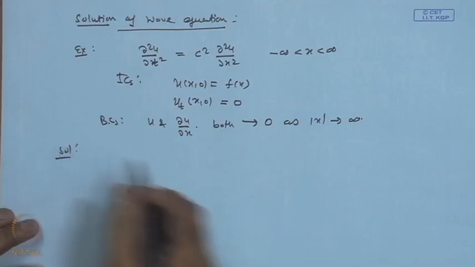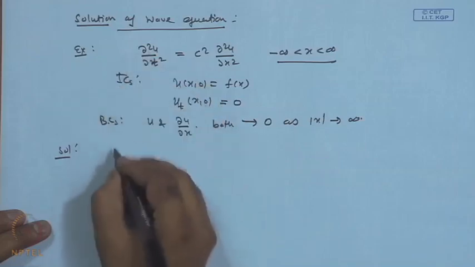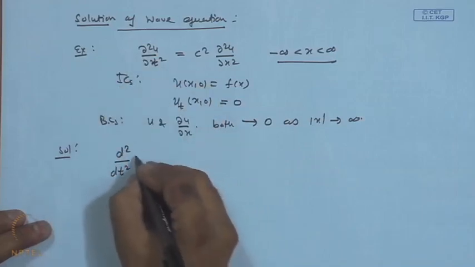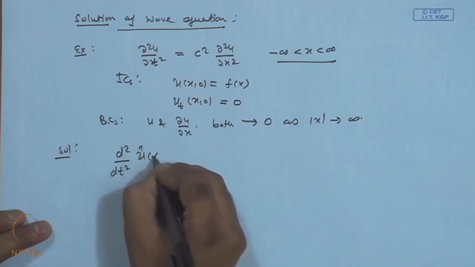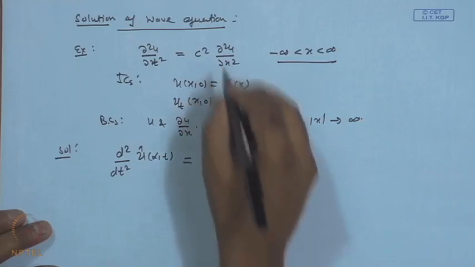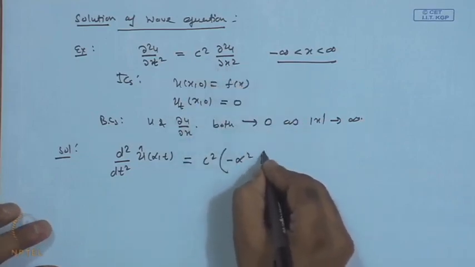So, we take the Fourier transform because this range is given from minus infinity to plus infinity. So, we have d²/dt² of u hat (alpha, t), and for c² times the second derivative we have simply minus alpha² u hat (alpha, t).